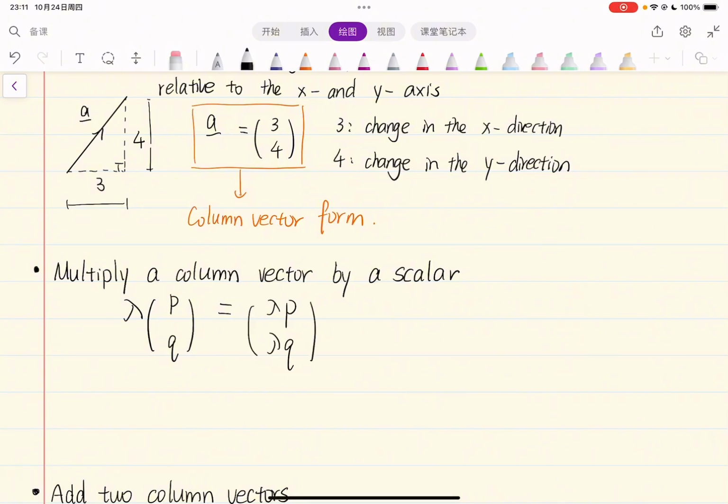So here, you multiply each component by the scalar.